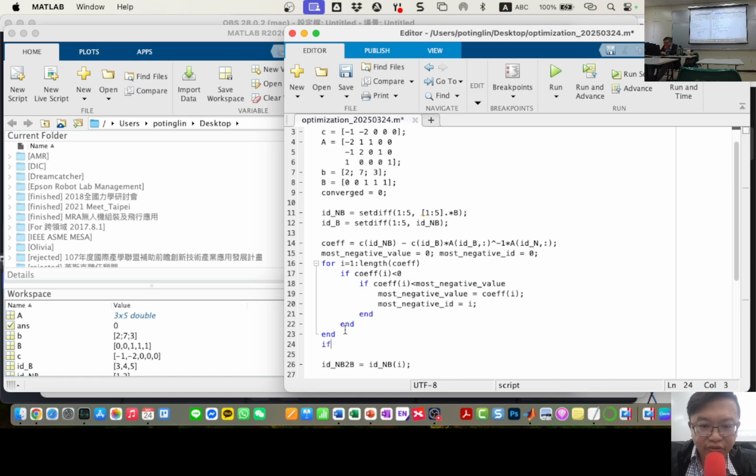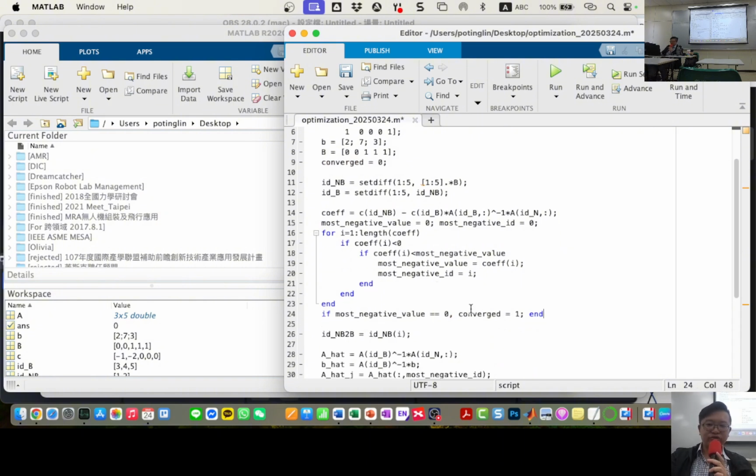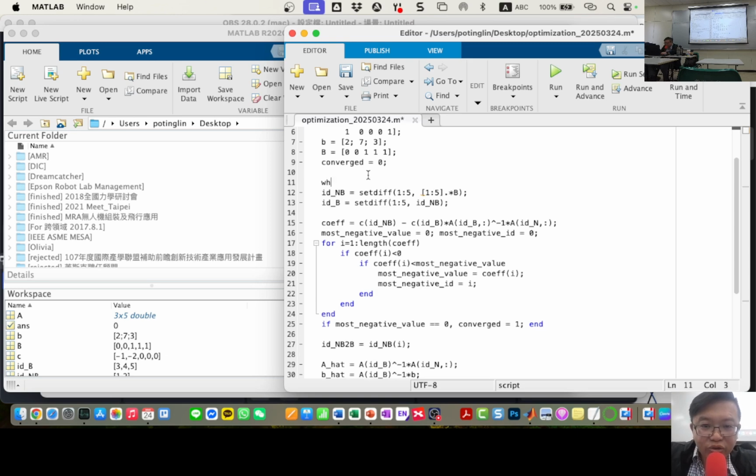So if this remains 0, that means we cannot find one, it's converged. So there's a convergence flag. So right here, when do we do all these? We do a while loop.